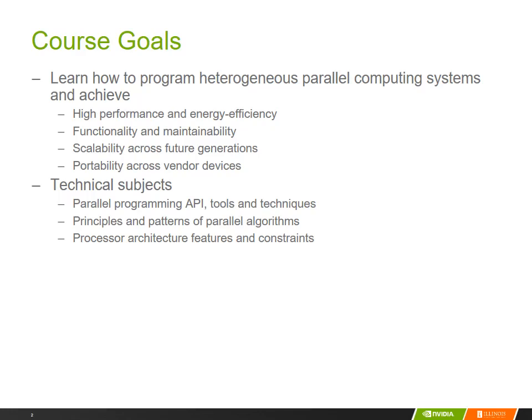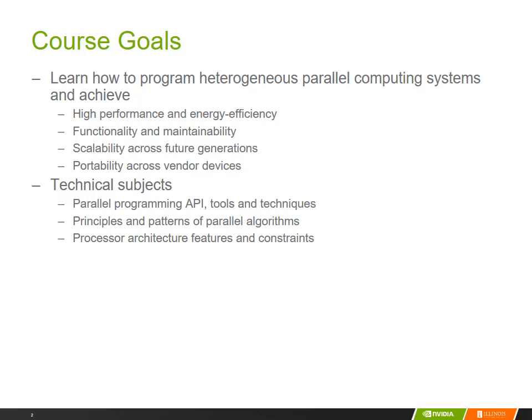Specifically, there are three kinds of subjects we're going to cover in this course. The first one is the parallel programming API, tools, and techniques. And these are the mechanics for the students to be able to get into the programming work. And the second one is the principles and patterns of parallel algorithms. This is really the meat of the course.